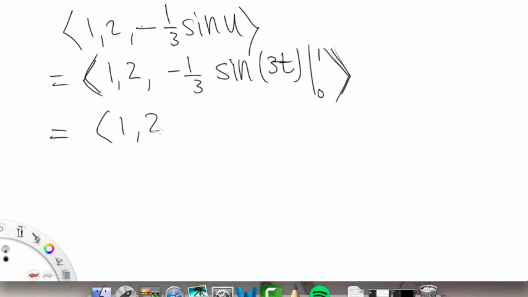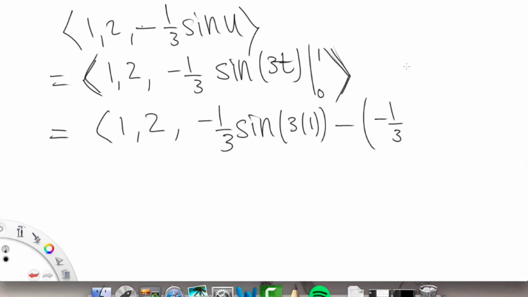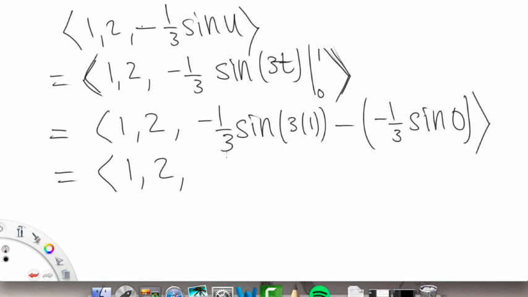So we have 1, comma, 2, comma, negative 1 over 3 sine of 3 times 1, minus negative 1 over 3 sine of 0. That's going to be the third component. We still have our 1 and 2 sitting there, and then negative 1 over 3 sine 3.